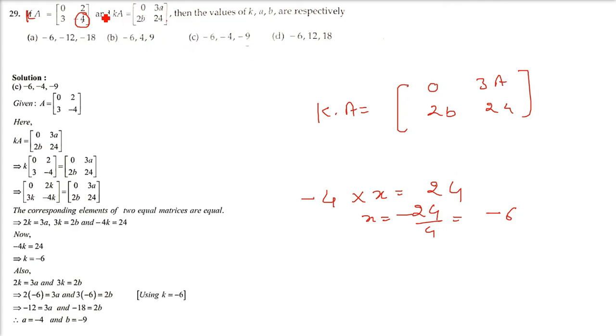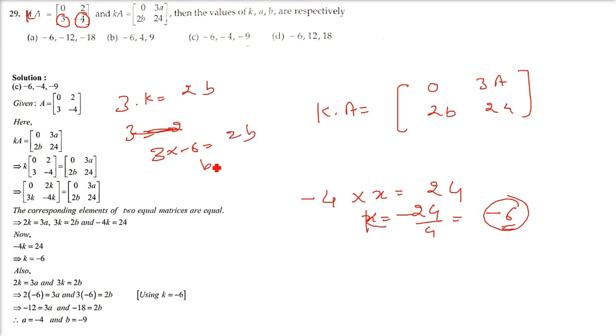Now we will not take 0, but we have multiplied 2 with a certain k so that we got 3. And also we multiplied 3 with k to get 2b. k is negative 6. So b will be 3 into minus 6 is 2b, so b is 3 into minus 6 by 2, which is minus 9.